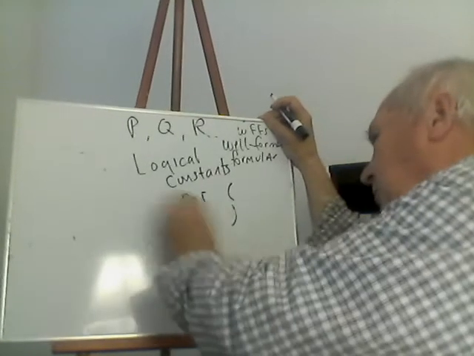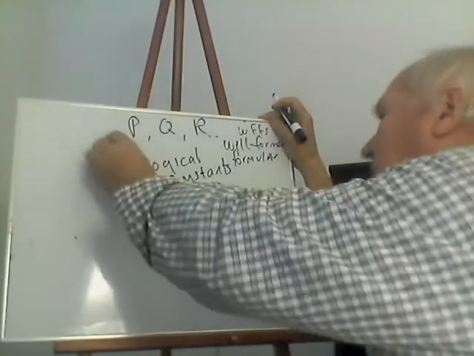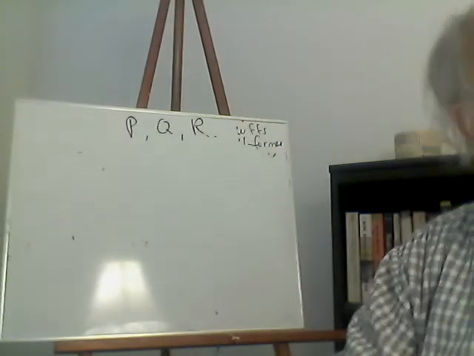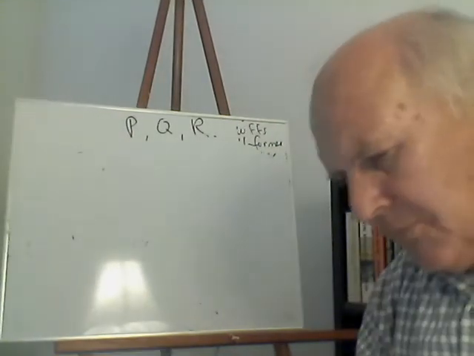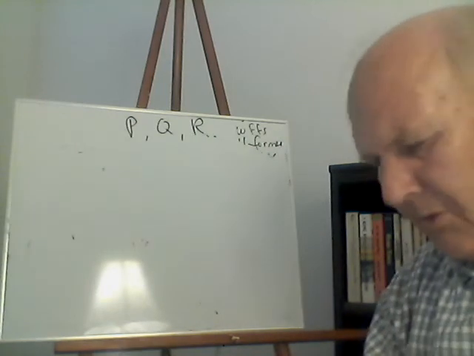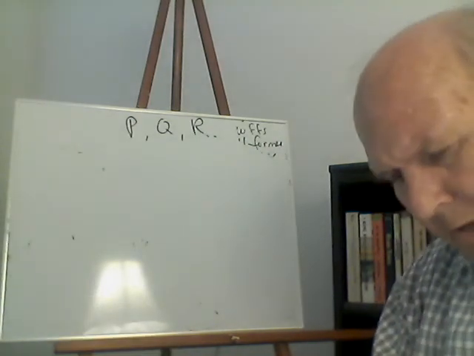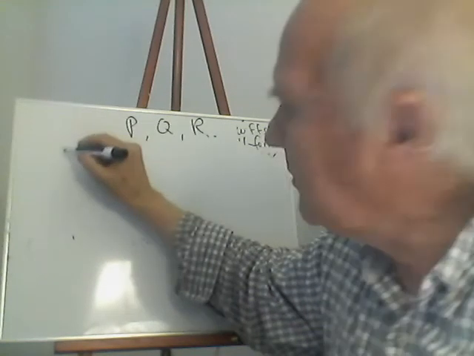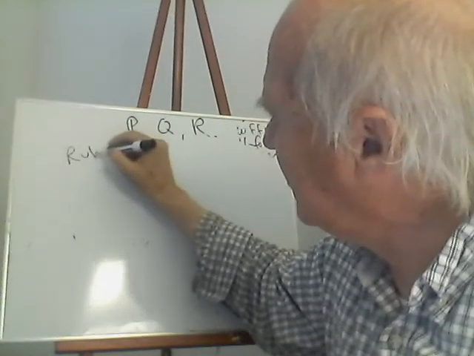So let me just go over really quickly what the rules are, so we'll know how to form sentences. Let me look at my book that I wrote. Okay, so here are the rules. There's only a few rules.